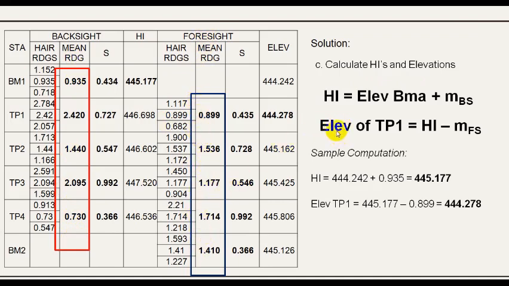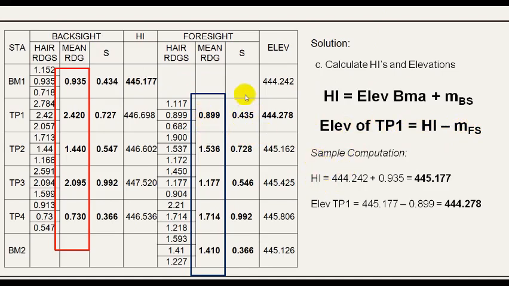Then, to compute the elevation of TP1 and our other turning points as well as the unknown elevation benchmark, we use the height of instrument, computed using the first formula, minus the mean reading of the foresight. Okay, so a sample computation.